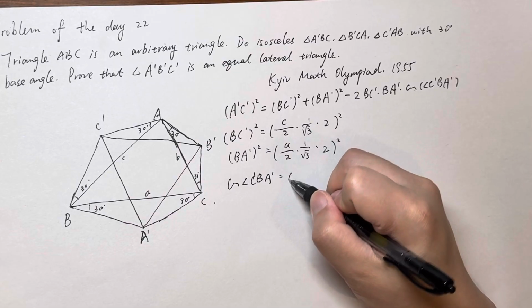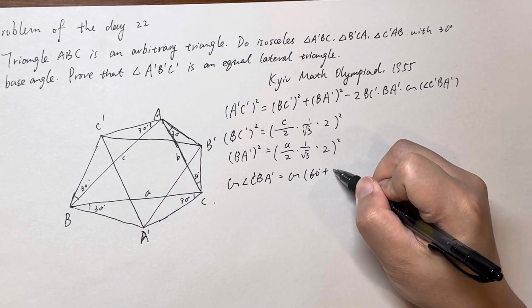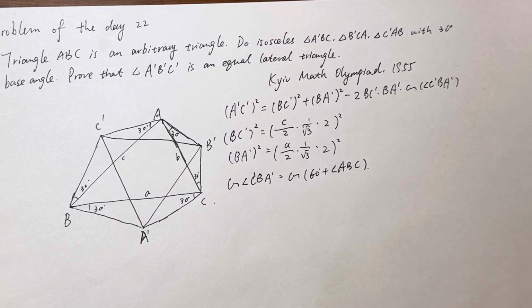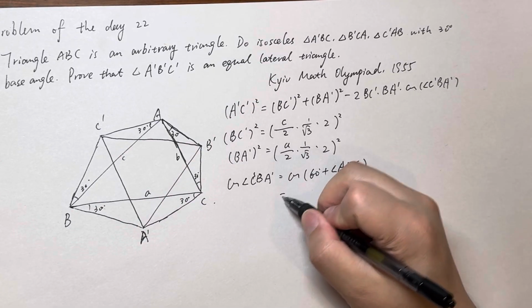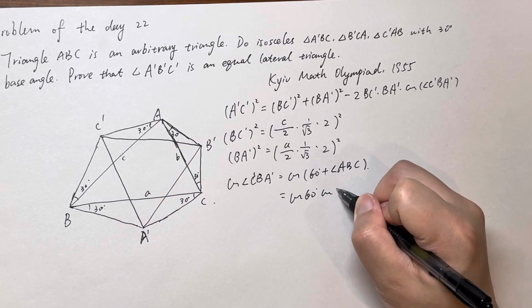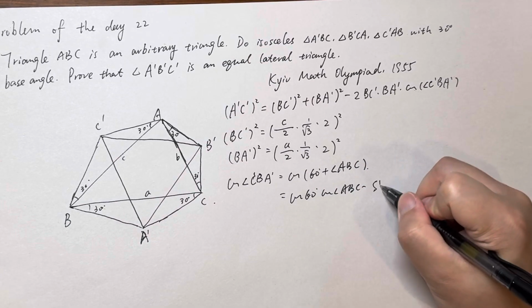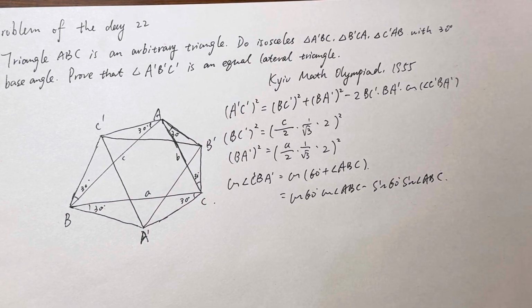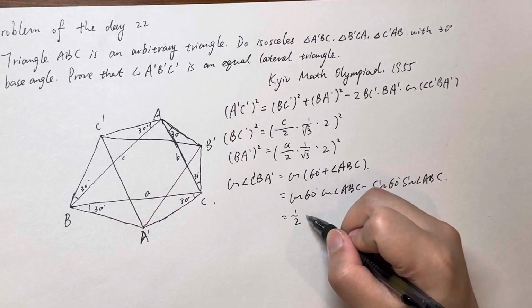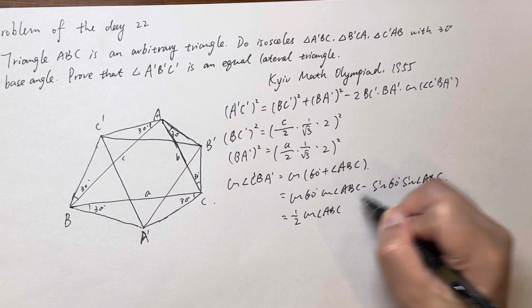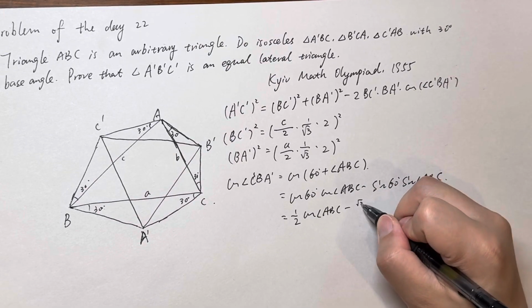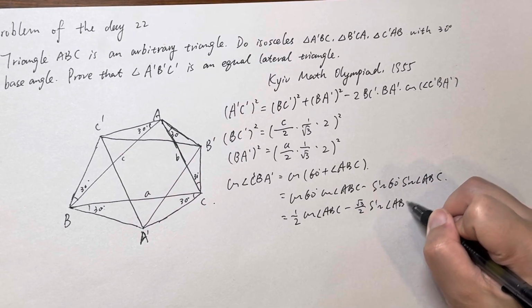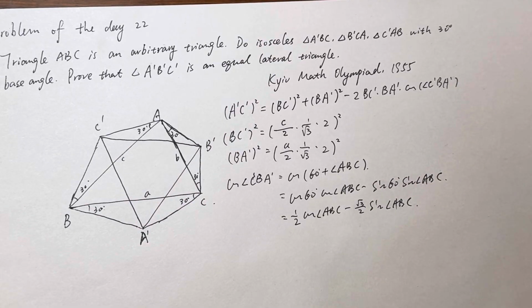It equals cosine of 60 degrees plus angle ABC, right? So it equals cosine 60 degrees cosine angle ABC minus sine 60 degrees sine angle ABC, which equals half of cosine angle ABC minus square root 3 divided by 2 sine angle ABC, right?